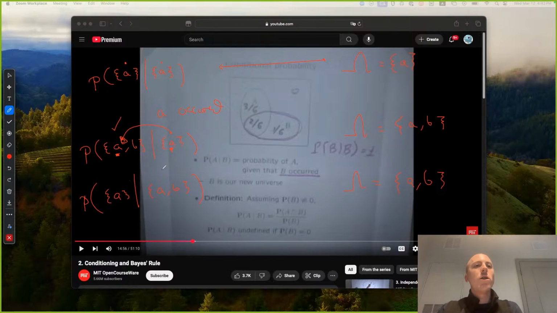So it would be 1, but it could be that B occurs and then this event does not happen. So we've got A and B here, and it could be that B happens and then you didn't make it.